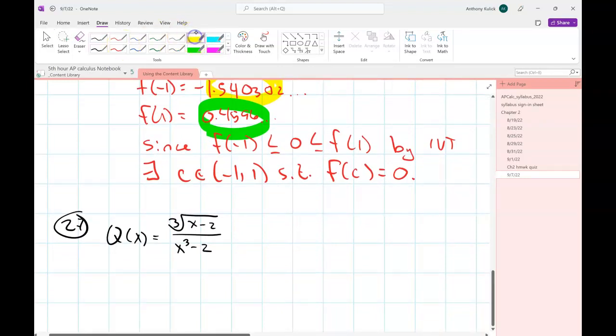Okay, I'll start. The numerator is a root function, so by theorem 7, I know that it's continuous. The denominator is a polynomial function. Also by theorem 7, I know that that's continuous.